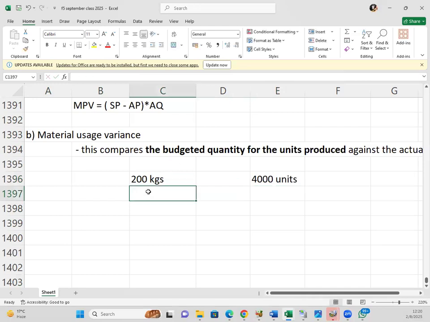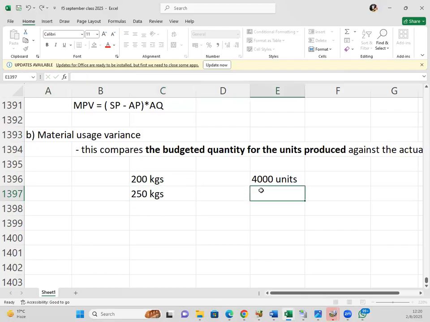So if we ended up using 250 kgs for 5,000 units, we don't jump to the conclusion that we are not doing well.